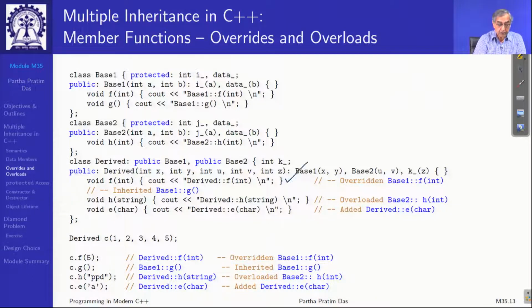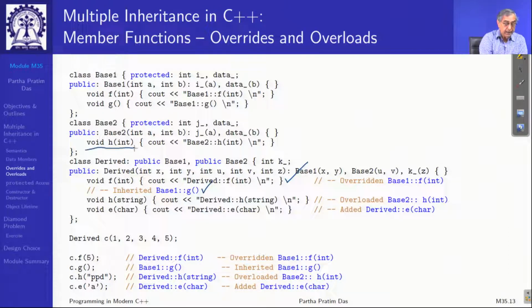It has put an f which has the same signature as Base1::f, the int signature. So, it is actually inheriting and then overriding the function. It has not put any definition for g.